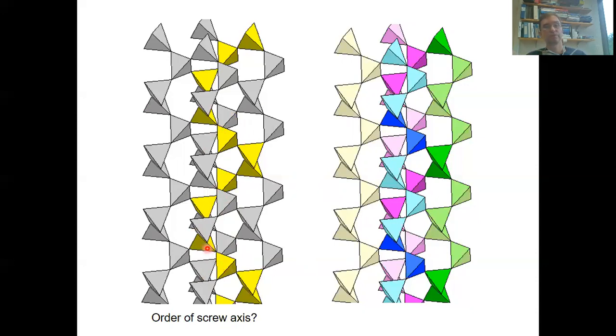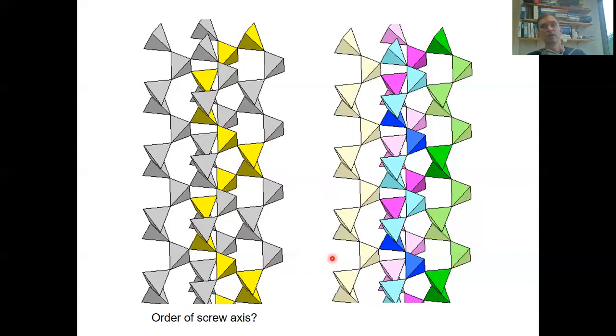So this one is produced by rotation around 60 degrees and translation of 1/6 of the unit cell parameter. Here we rotate 2 times 60 degrees and translate 1/3 of the unit cell parameter, and so forth.